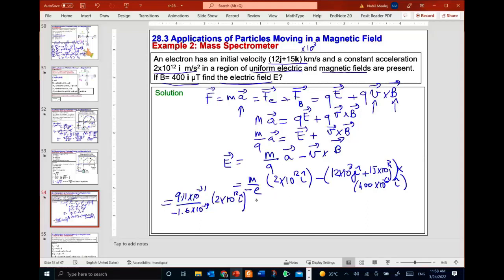Let's do the cross product. We have a minus, so J crossed with I is what?